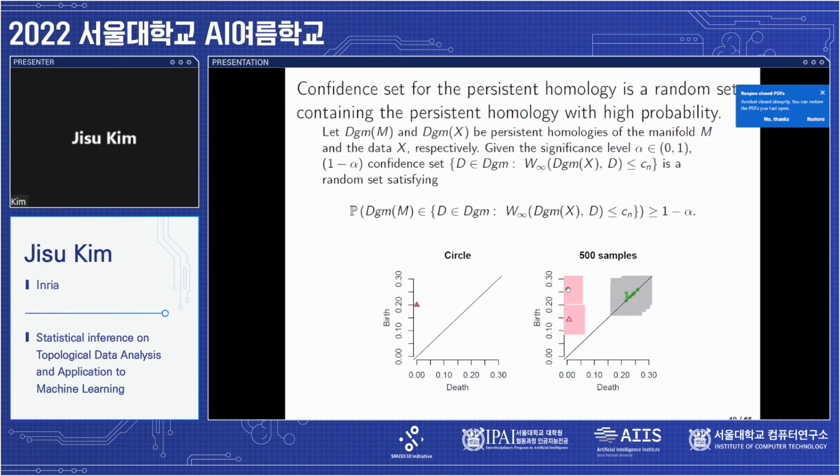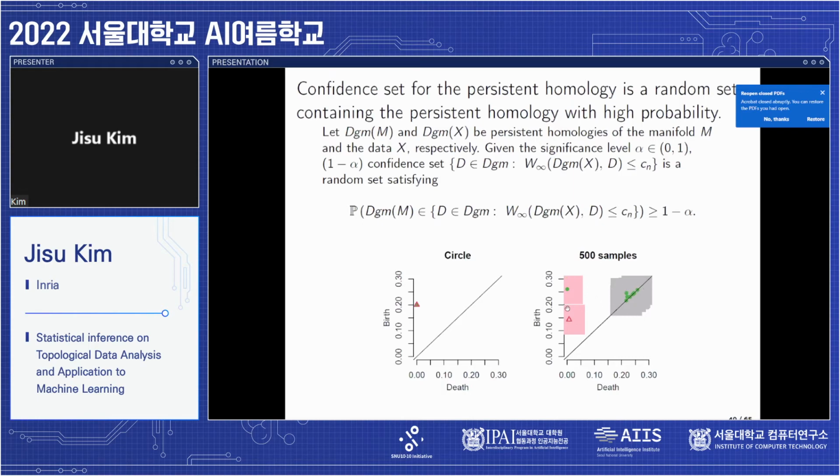In particular, the random persistent homology will have one point in this rectangle, another point in this rectangle, another point in this rectangle, and so on.